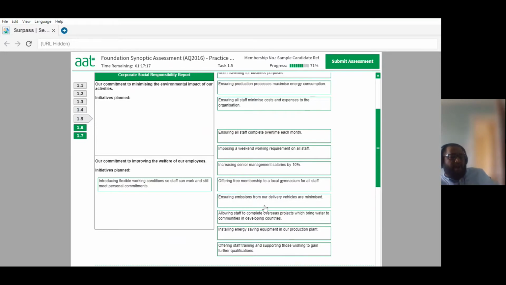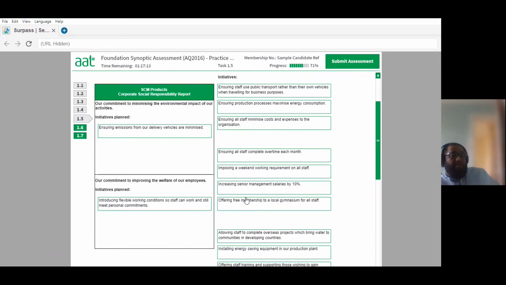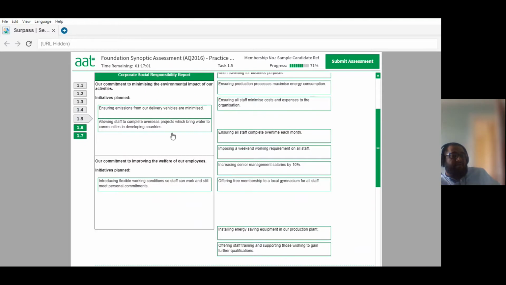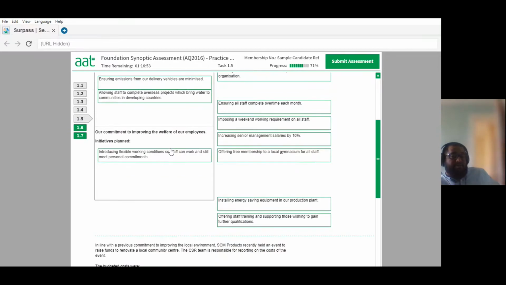Ensuring emissions from our delivery vehicles are minimized. So that is good because it's going to be helping you with your environmental impact. Allowing the staff to complete overseas projects, which will bring water to communities in developing countries. So this is also going to be for the environment, isn't it? Because if you look at overseas projects to bring water to communities in developing countries, this seems to be a good option.